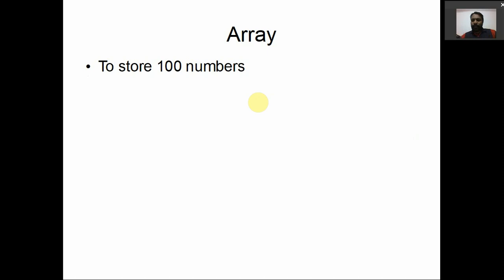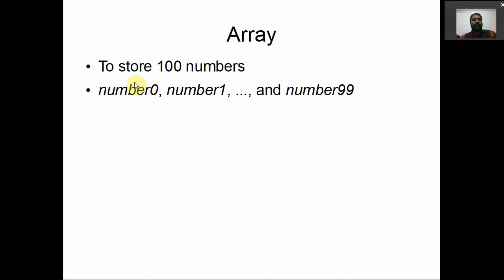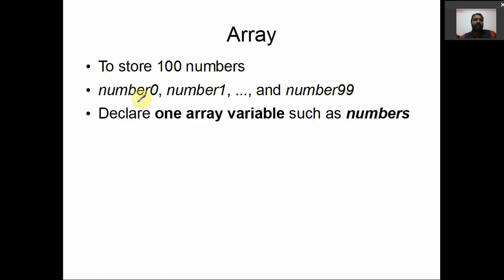There is another example. If you want to store 100 numbers, and you do not know arrays, you have to input values into 100 different variables: number0, number1, number2, like that up to number99. Instead, if you have an array, you can declare one array variable and give any name to it.